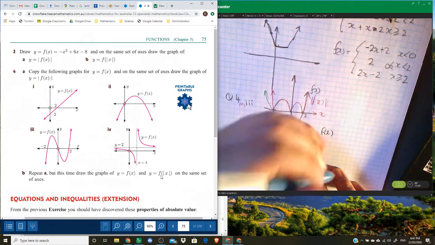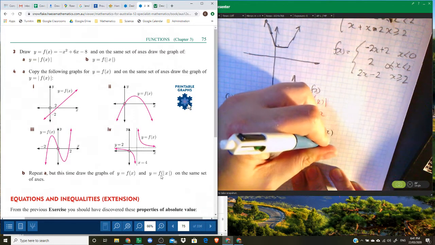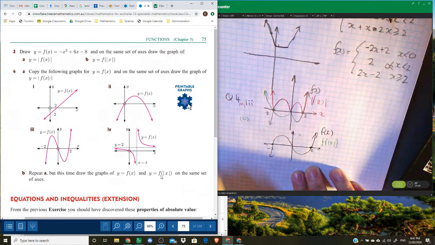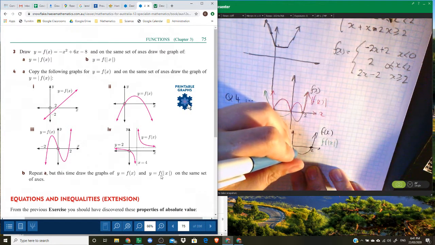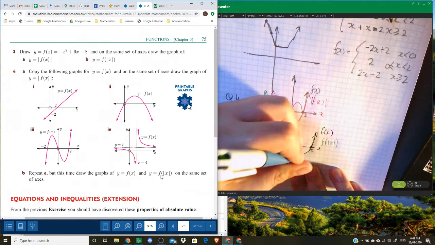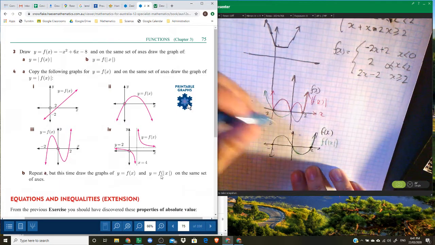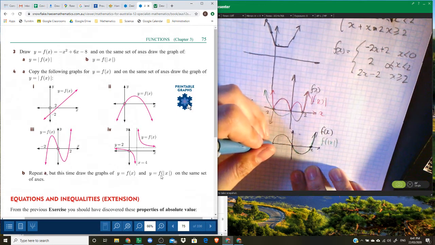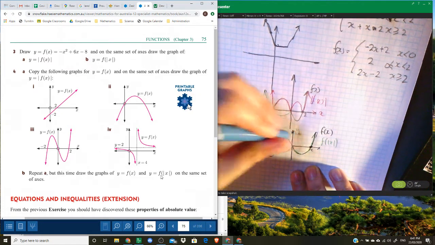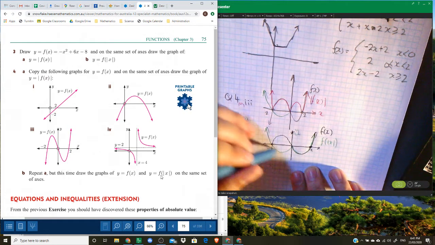What does f of modulus x look like? Well, it is the same here, so I can just draw over that in green. You can't see the green too well, but I'll fill that out. So it does that. Now it goes through 0, and then basically it's going to do the same thing as a mirror on the y-axis. So you're going to get this kind of graph.